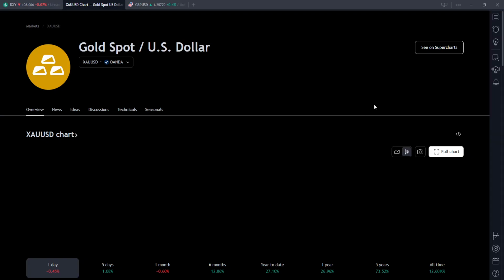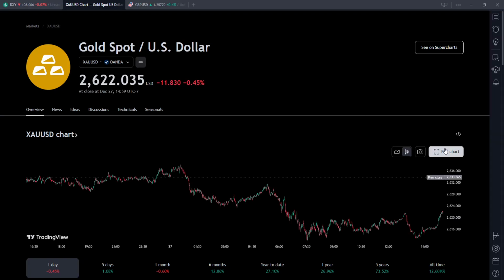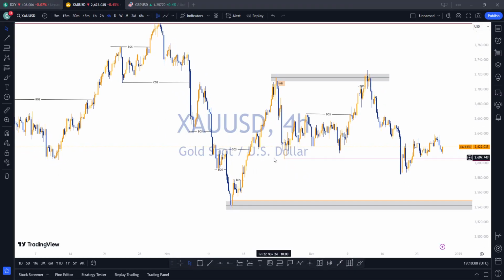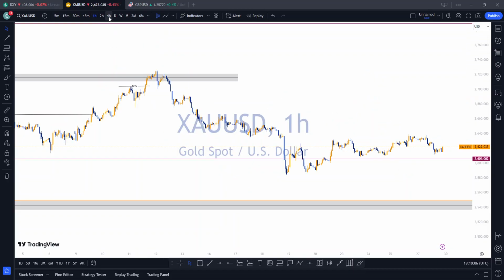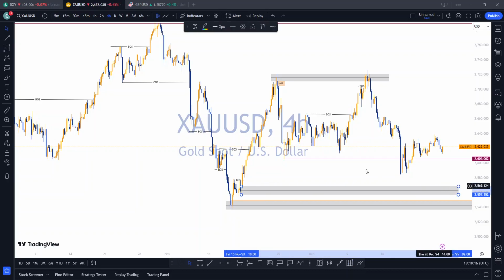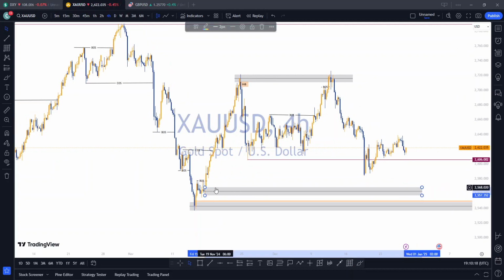Let's see. Which makes this the block right here valid, right?